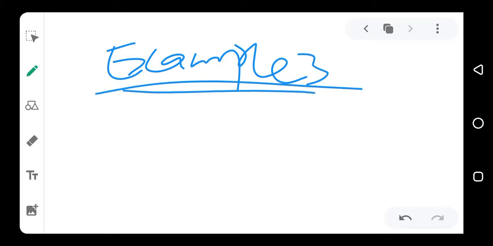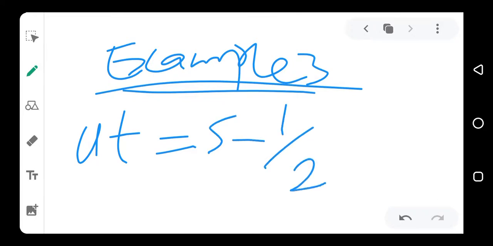Example 3. If we have ut is equal to s minus half at squared, and we are asked to verify this equation, how do we do it? We list out the derived and fundamental quantities.